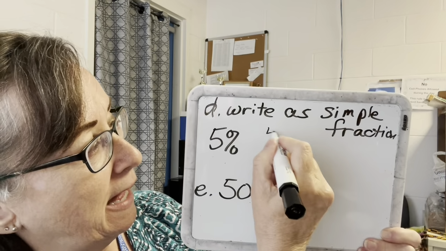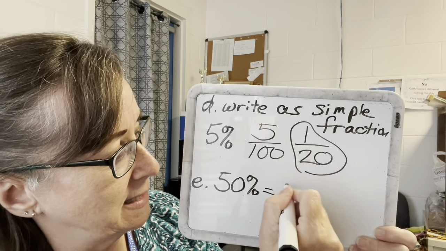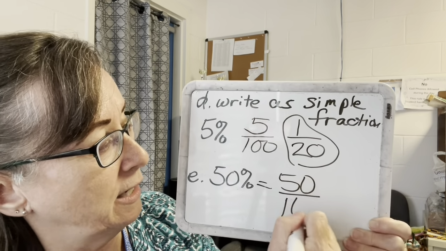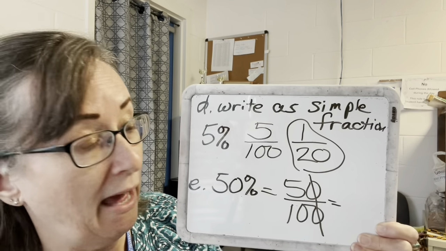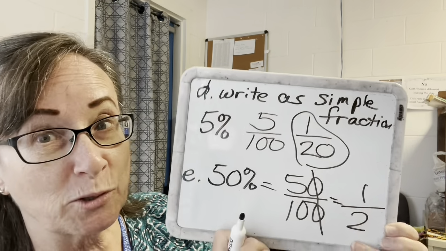So 5% is the same thing as 1 over 20. 50% is the same thing as 50 over 100, which, when I cancel out 2 zeros, I get 5 out of 10, which we can divide the top and the bottom by 5, and we get 1/2. So 50% is the same thing as 1/2.